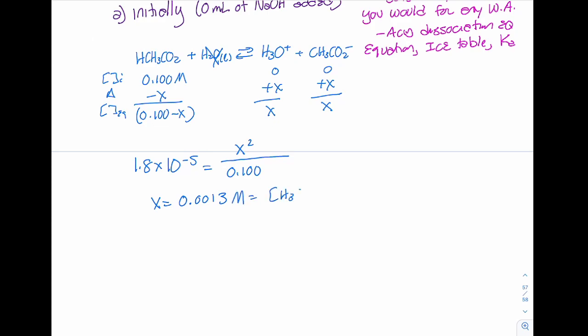And remember, x is my hydronium ion concentration. So taking the negative log of that number, I get my pH to be 2.88, 2.89 actually.